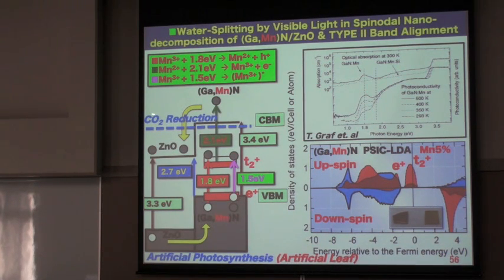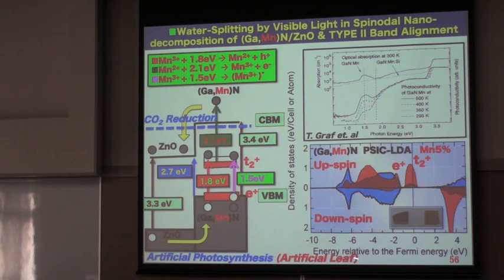Then using the CO2 reduction level, we can make formic acid, HCOOH, from CO2. This is what we call artificial photosynthesis. The manganese doped gallium nitride material is a very good candidate for artificial photosynthesis.